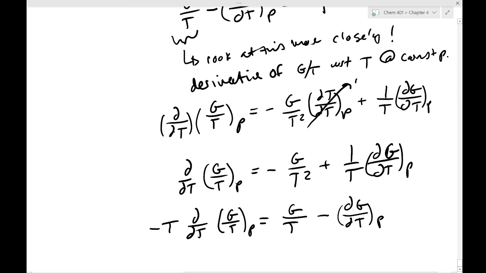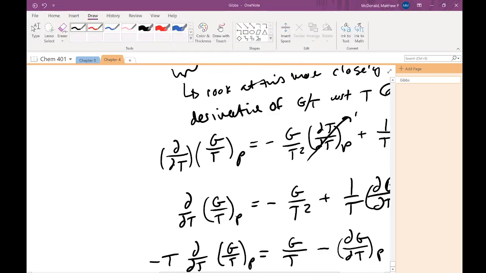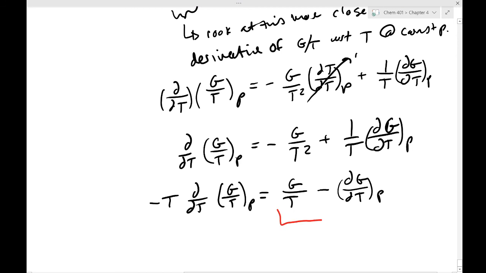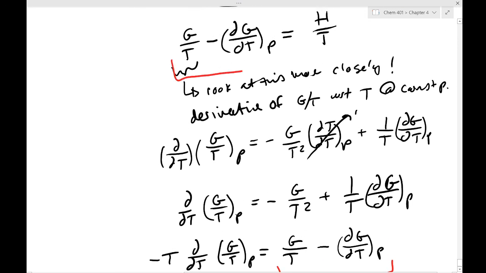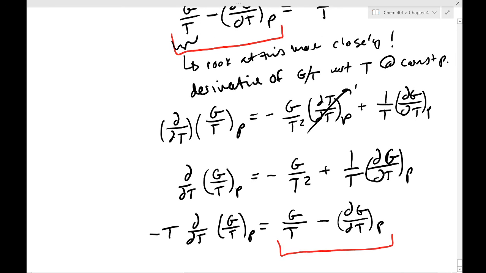Okay, now let's stop and realize that this part here is equal to this part here. I just derived this part by looking at the derivative of G over T with respect to T at constant pressure.